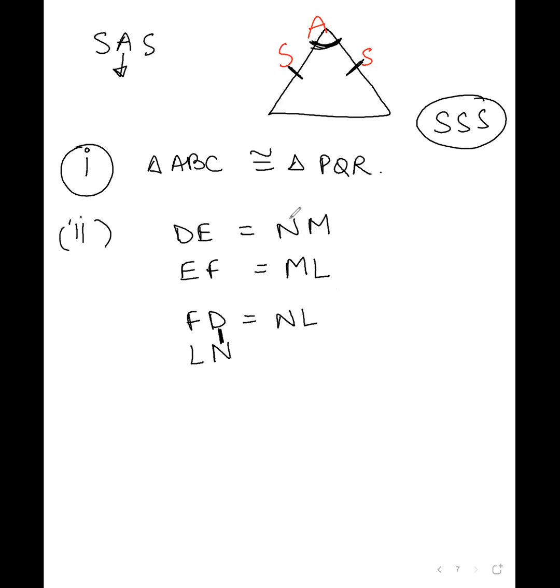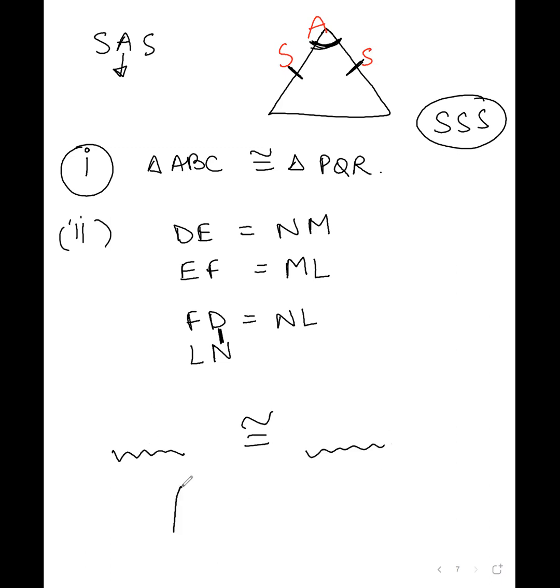Now, Hiba, you have seen this side is equal to this side, this is equal to this, and this is equal to this. Now tell me how will you write it in symbolic form? Which two triangles are congruent to each other? And remember, over here, order matters. When you are writing so and so triangle is congruent to so and so triangle, the order matters. Why?